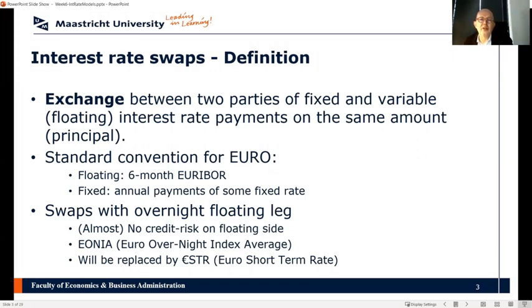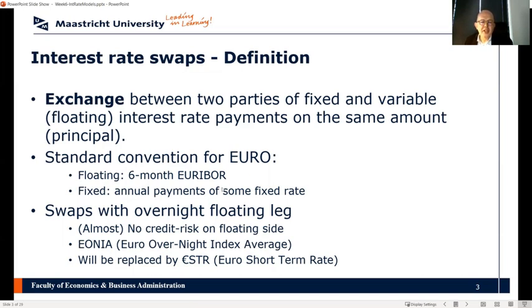So every 6 months you pay a variable interest rate, which is tied to the Euribor, the Euro interbank offered rate. And the fixed payments are annual. So there is a difference in frequency between the floating payments and the fixed payments.